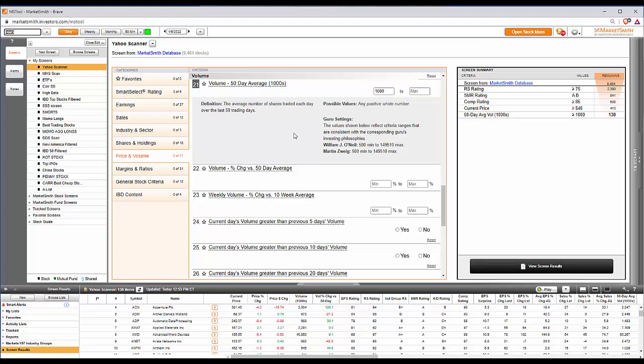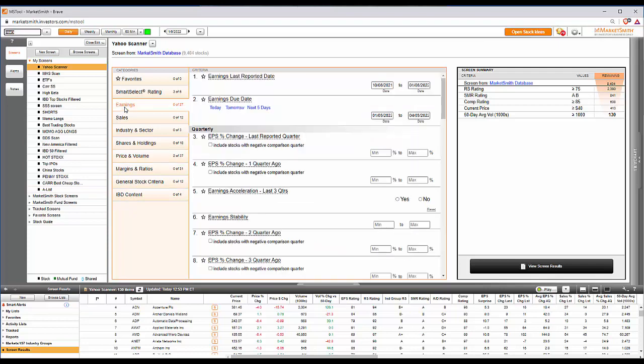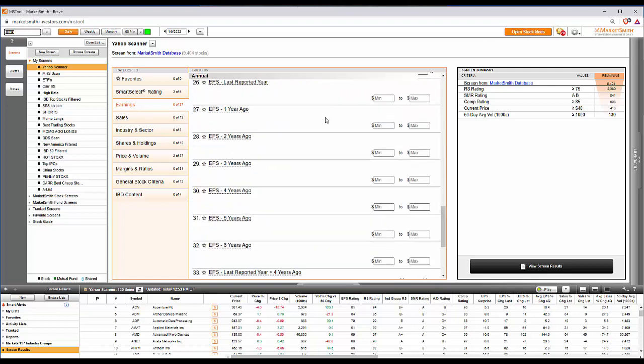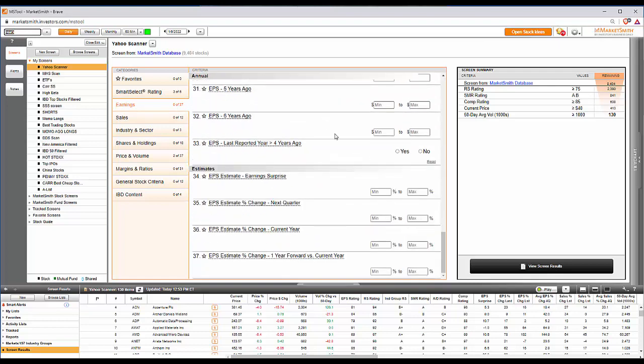The last thing I'm going to put in, I'm going to go up to the earnings tab here, and scroll down to estimates. Estimates, where is it? There it is. Okay, so if you're familiar with the research work done by Len Zacks, he is the founder of Zacks Investment Research. I highly recommend his work.